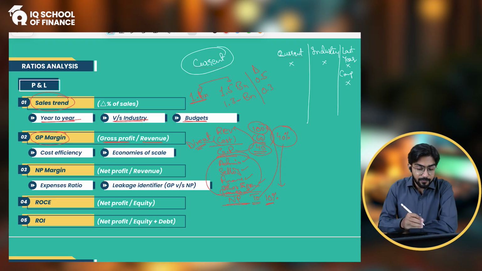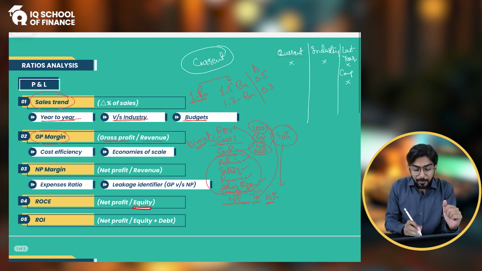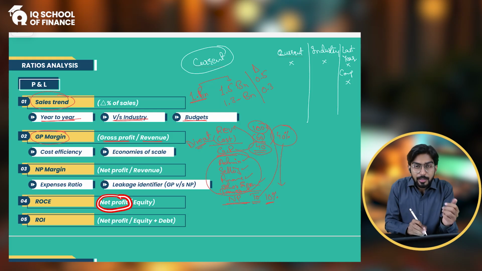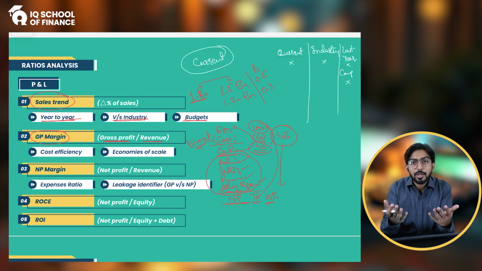All right. Then we have the ROS, we all know about it, return on capital employed. So the capital is actually the equity that you have invested into the business. All right. And the net profit, that's the actual return that you have earned and that you will give to the equity holders. So net profit is the return to the equity holder, and when you divide the net profit by the equity, it will give you the ROS.